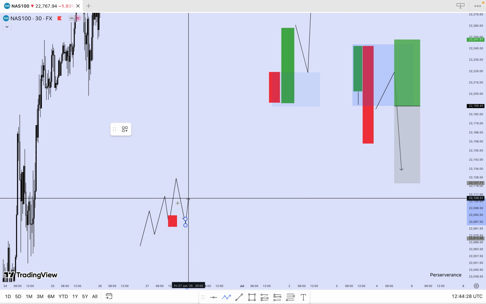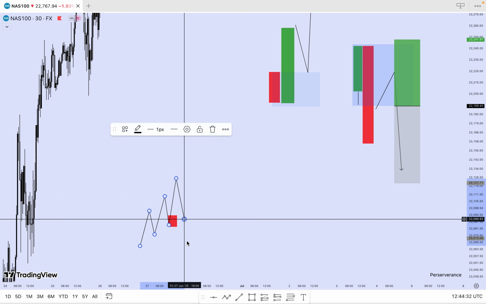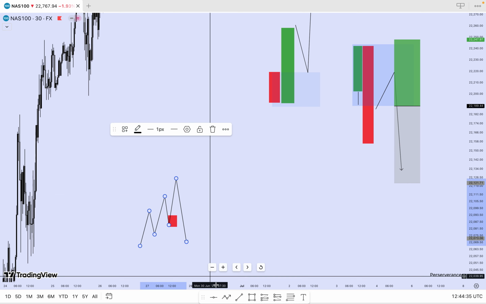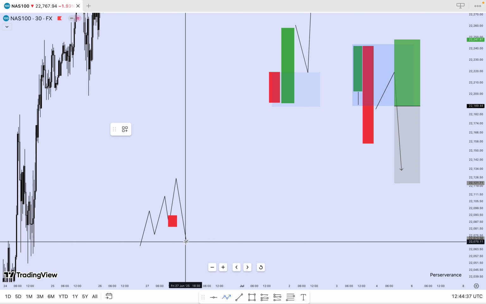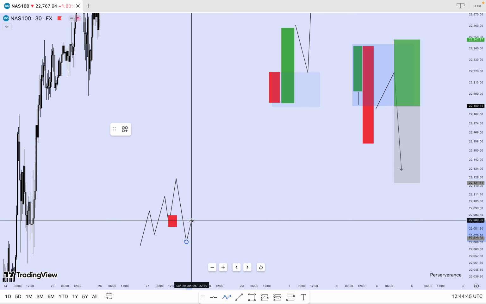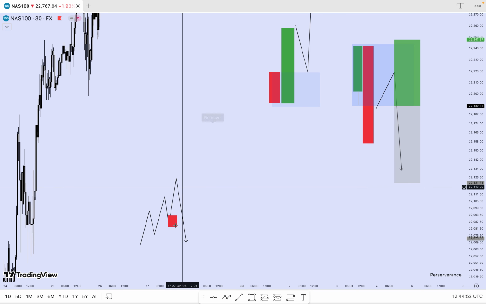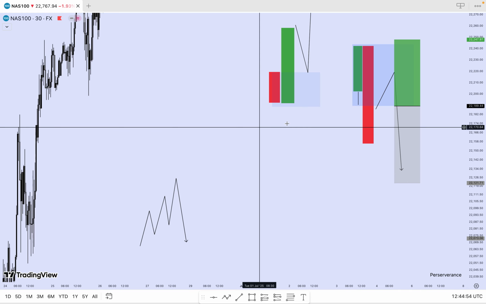But if the market trades below this order block without respecting it at all, this order block is now a failed order block. In other words, this order block is now a breaker block that will act as a support or a resistance to push the market back down. So that's basically what a breaker block is.